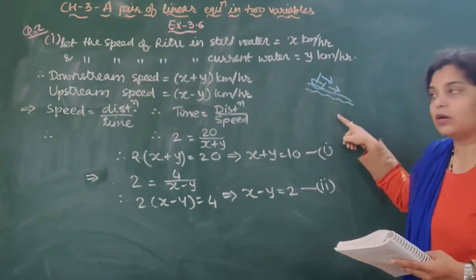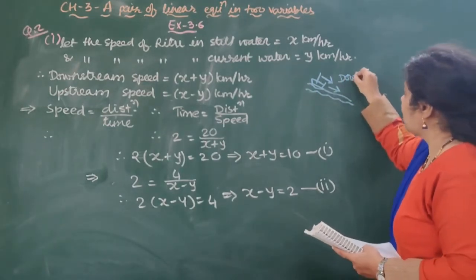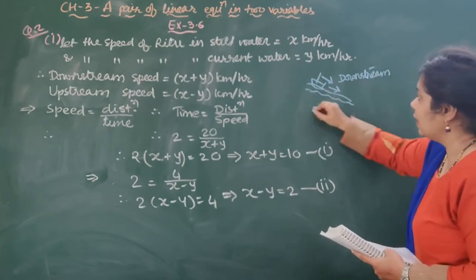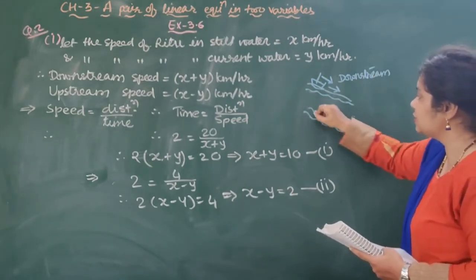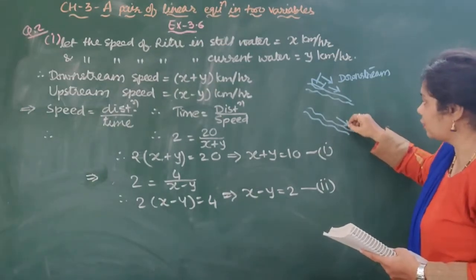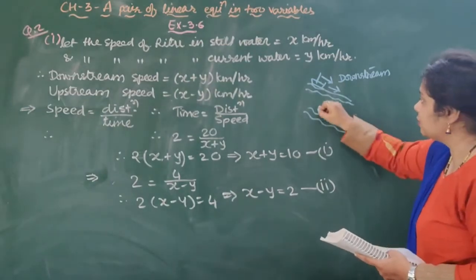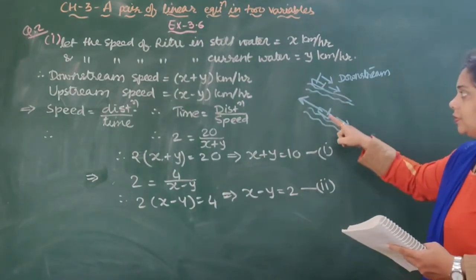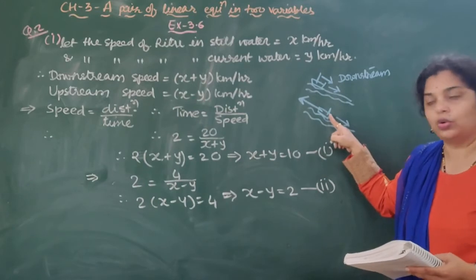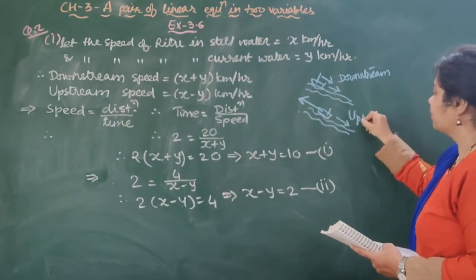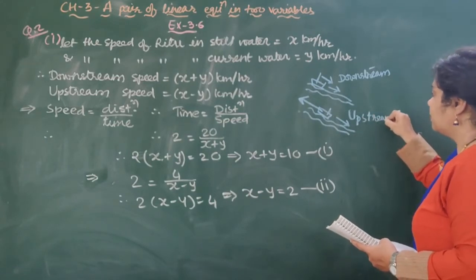This is for the downstream. Now the river flows in the same forward direction, and the person sitting in the boat moves in the upward direction. This is called the upstream.